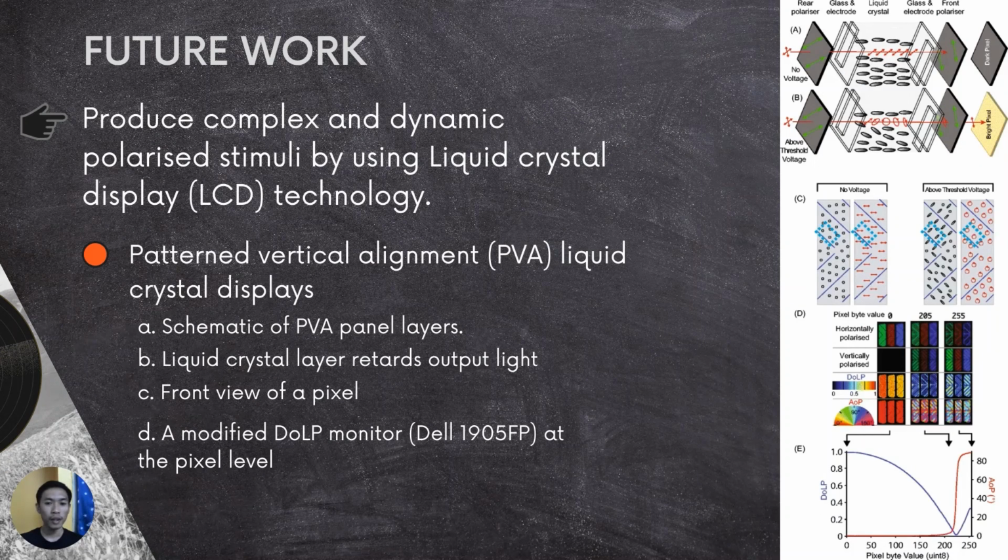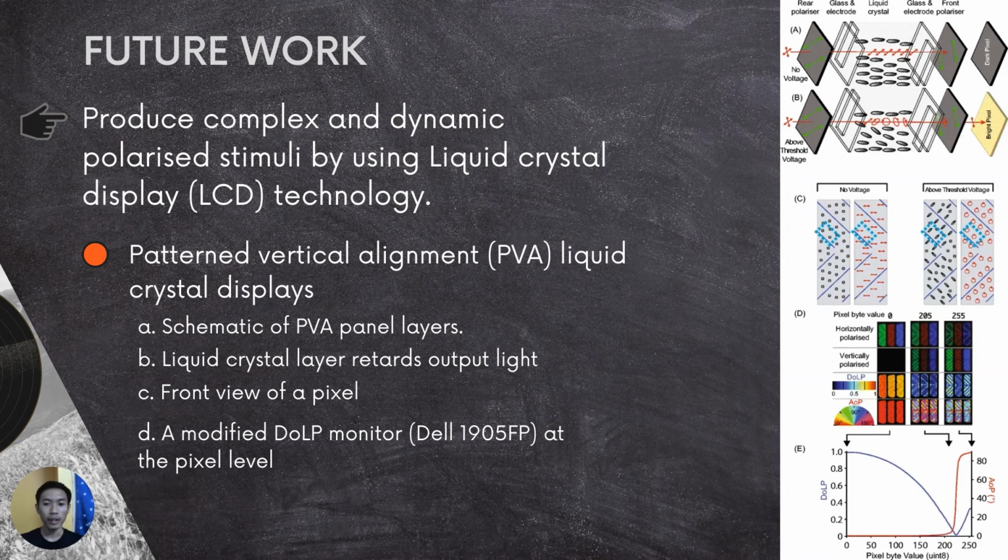So next we have PVA. In patterned vertical alignment LCDs, the liquid crystal molecules are oriented parallel to the light path in the default state when no voltage is applied. As a result, the polarization of transmitted light is not modified by the liquid crystal, producing a dark pixel.